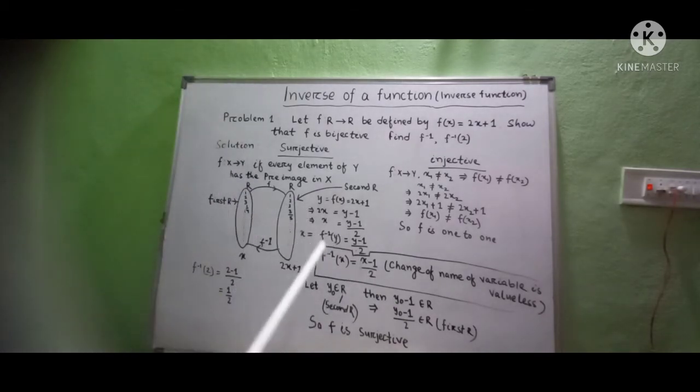So you can write F inverse of x is equal to (x minus 1) by 2. Perhaps you have understood. If you are feeling any doubt, convey it to me in the comment box. I shall surely give an answer.